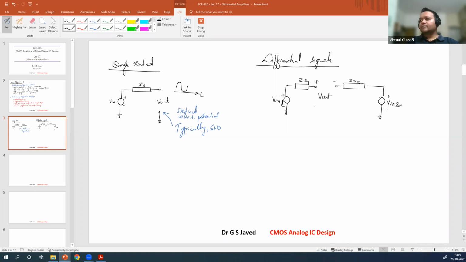In this case, the definition is with respect to a different point, which is not a ground. It is defined between two nodes, between two nodes with opposite potential.